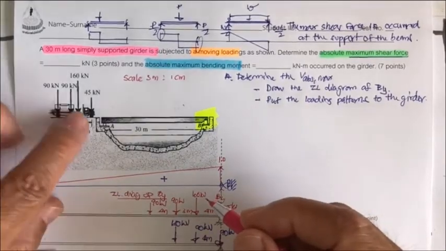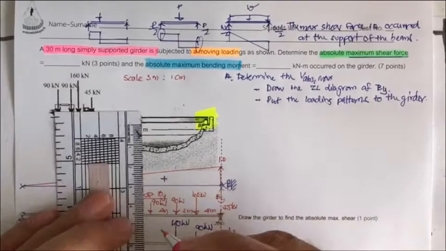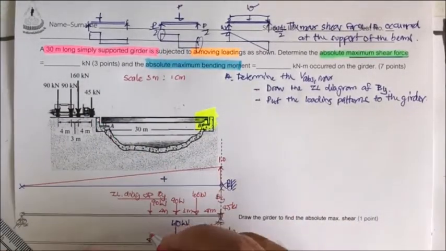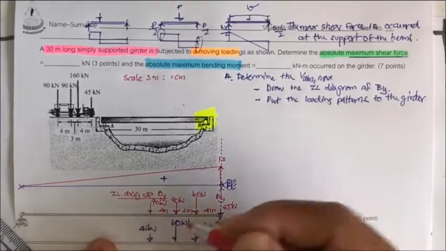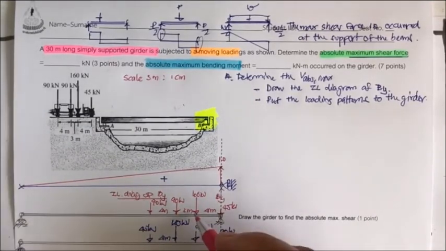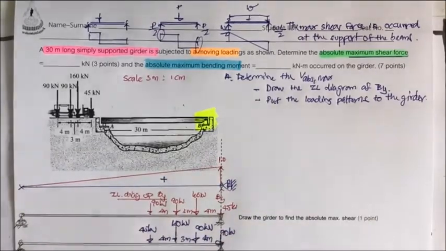And the last one is this one, and it's only 45 kilonewton. So this one moves in the opposite direction of the first one.